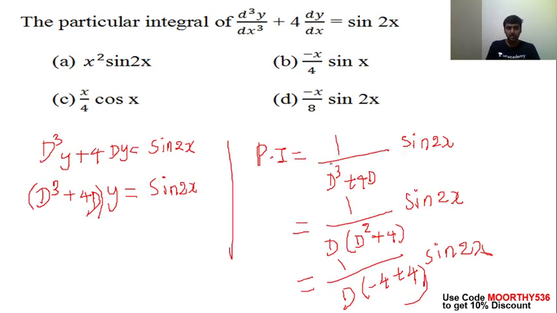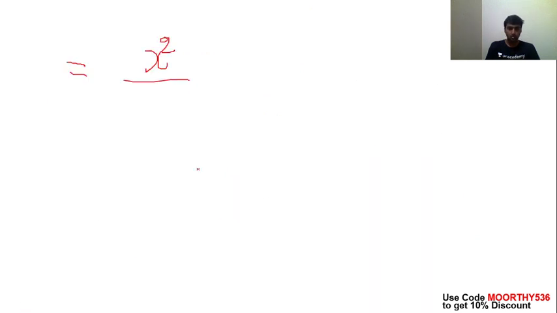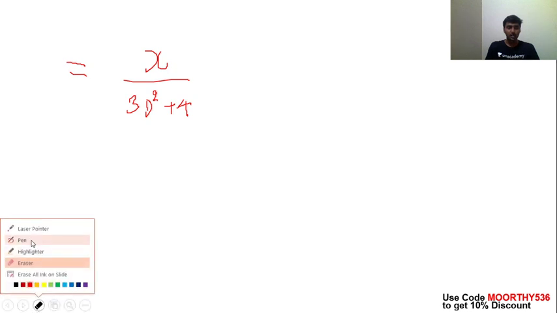The denominator D cube plus 4D is differentiated one time with respect to D, giving 3D square plus 4. The numerator is x. So x divided by (3D square plus 4) into sin 2x.